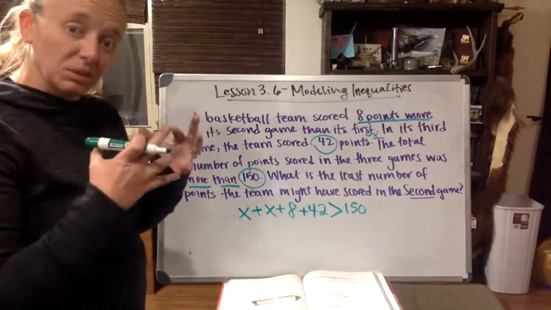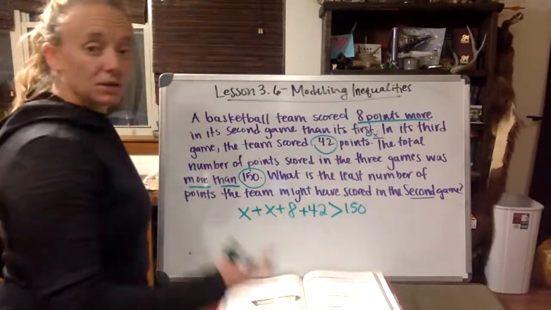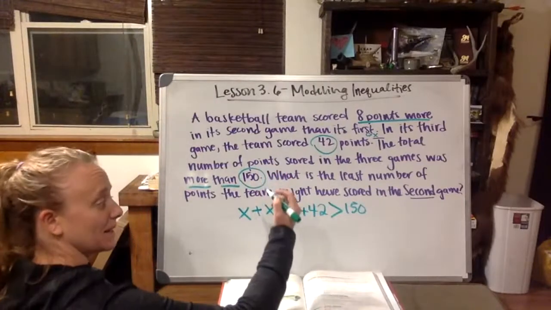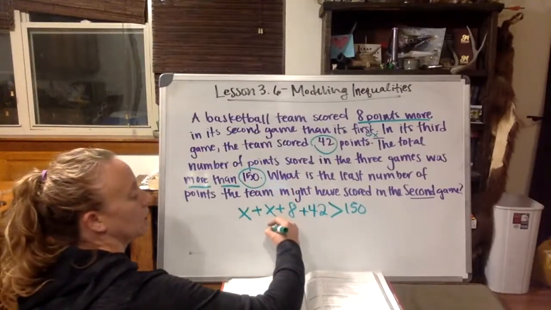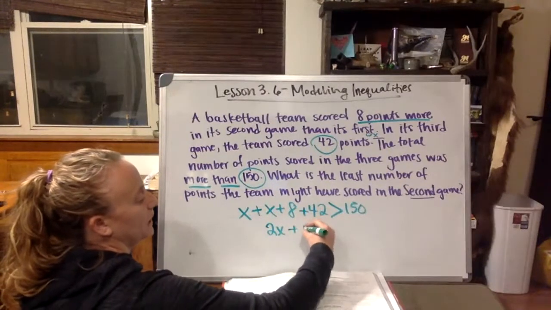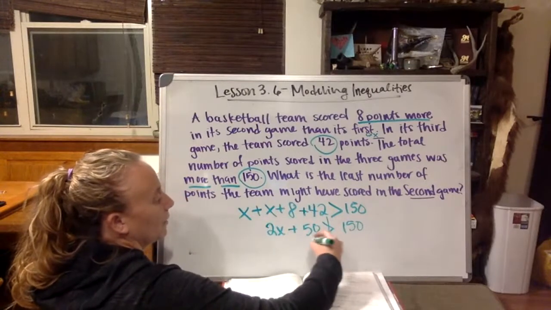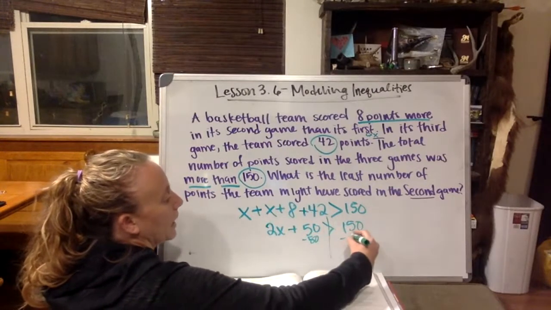So there are some limitations on this, a little bit more extreme limitations than we saw in the last problem. So now I'm going to do a little bit of work. x plus x, that's 2x. 8 plus 42 is 50. That's more than 150. Let's solve this. I'm going to subtract 50 on both sides.